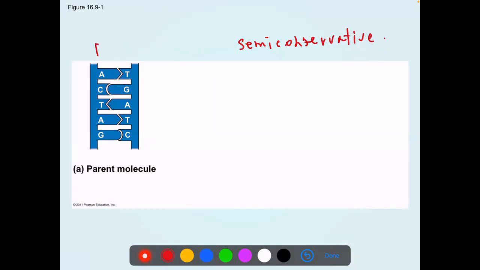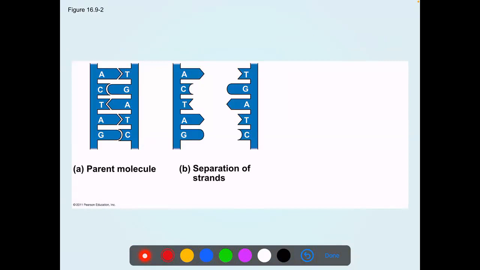So let's say this is the parental molecule, and when DNA replication occurs, separation of the strands occurs. It's complementary and anti-parallel. So here, this is 5 prime and 3 prime, then this is 3 prime and 5 prime.